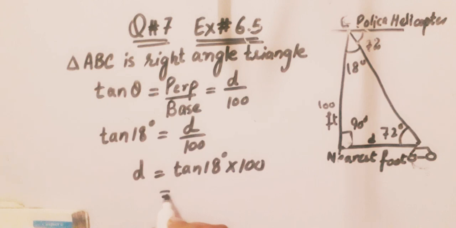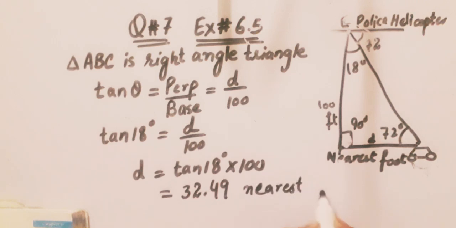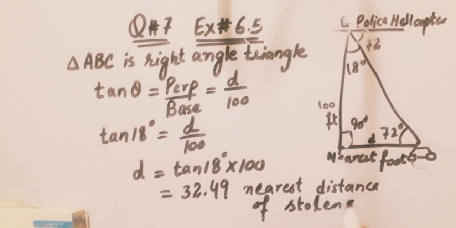So you will get the distance 32.49. You will write this is the nearest distance of the stolen car to the foot.